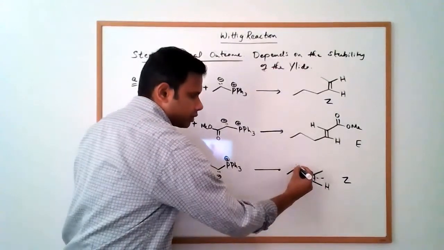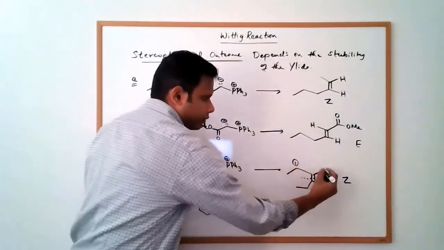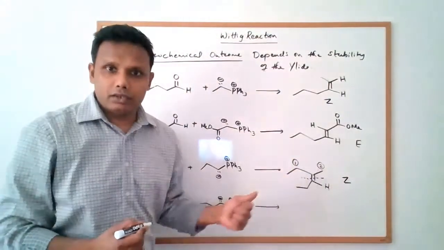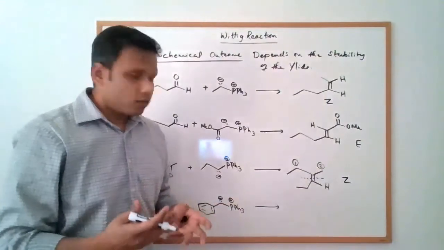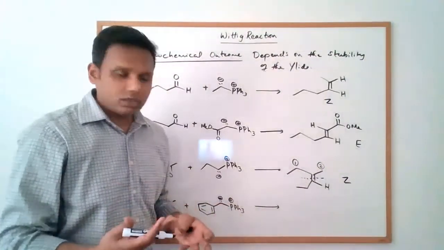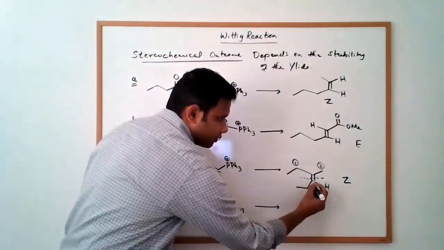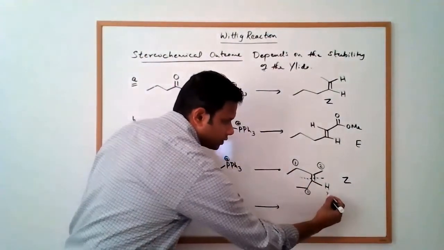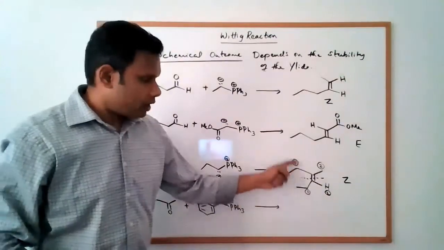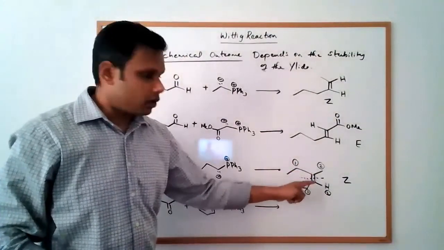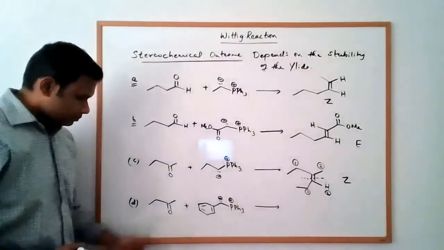If I were to assign priorities, this is higher priority, that's a lower priority. And this priority is assigned using the Cahn-Ingold-Prelog rules that we use for assigning priorities in stereochemistry. So that's 1, that's 2. And similarly for the bottom carbon, this is 1, that's 2. Since both of the higher priority groups are on the same side of the double bond, this is a Z-alkene.